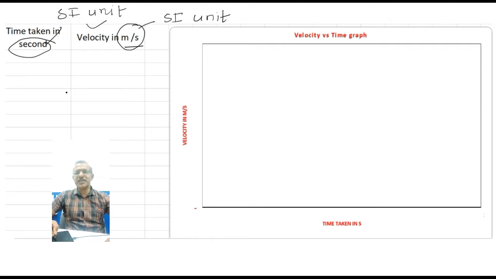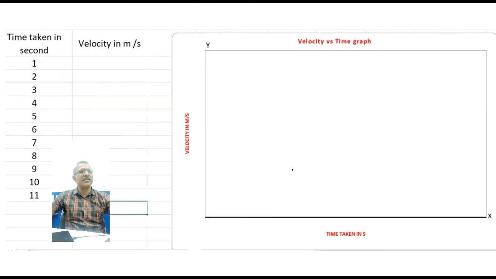And we shall take a few numerical values of velocity for different time intervals. And we all know that we have to draw time interval on time axis, here that is the x-axis, correct? So we have x-axis as well as y-axis here. The velocity will be on y-axis and time will be on x-axis.